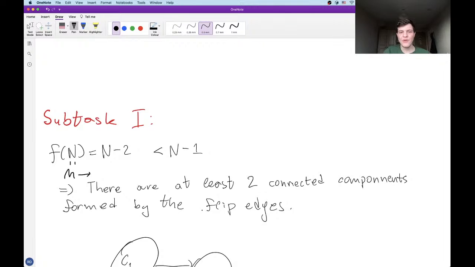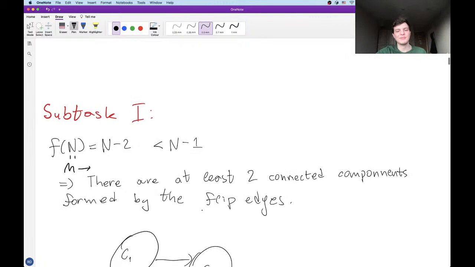The tree is the extremal, and in a way the best construction you can get when you have n minus 1 edges, because only when a graph is a tree will it have 1 connected component. If it's not a tree and it has n minus 1 edges, it will definitely have 2 connected components. And if you remove 1 edge so that you have n minus 2 edges or less, it will break the tree, so you'll have at least 2 connected components.